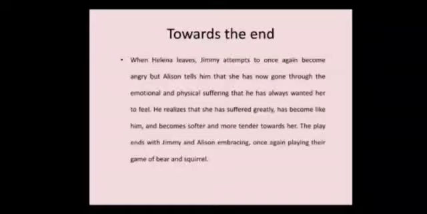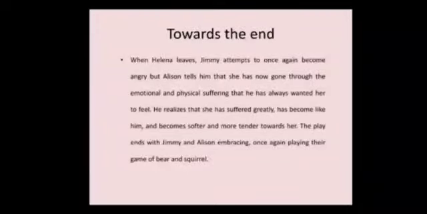So now as we see towards the end of the play, when Helena leaves, Jimmy attempts to once again show that anger over Alison. But Alison tells him that now she's gone through the emotional and physical suffering and the trauma that he has always wanted her to feel. He realizes that she has suffered greatly, has become just like him, sorrowful, pathetic, and so he becomes softer and more tender towards her.